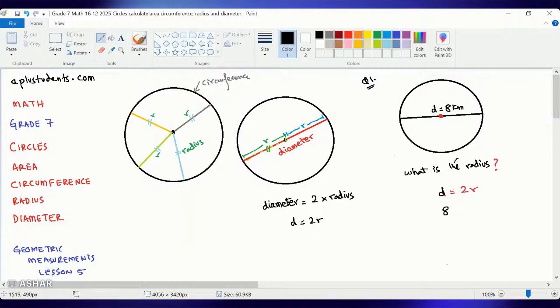So we can say 8 equals 2r, right? And 2 is multiplying on this side. When we take 2 to the other side, 8 is divided by 2. That equals radius. When 8 is divided by 2, can anyone help me out with the answer?